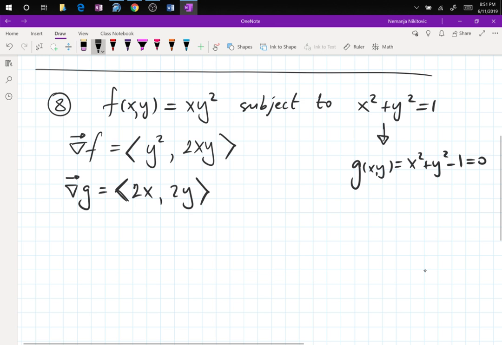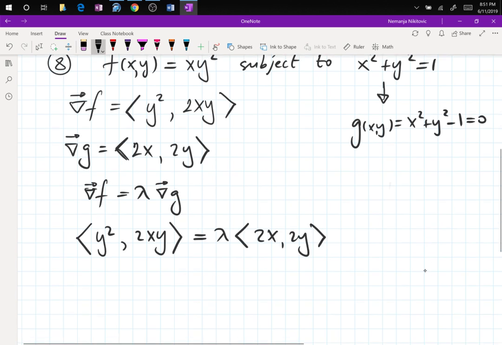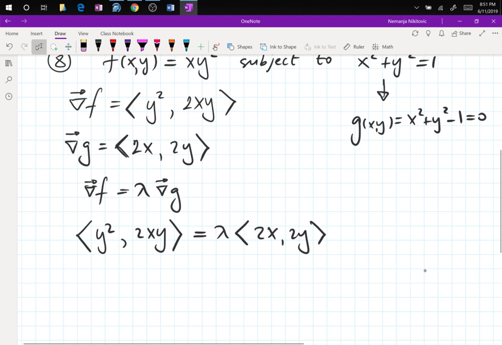So now we summon our equation, del f equals lambda del g, which, when we plug this in, is the vector y squared, 2xy equal to lambda times the vector 2x, 2y. If you have had linear algebra, you know how to solve these systems.